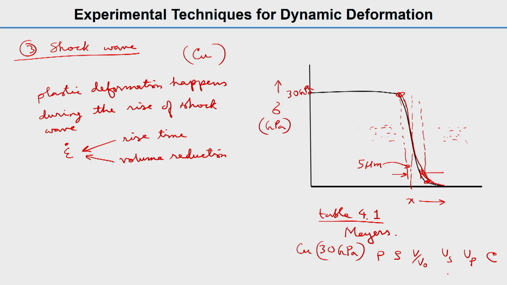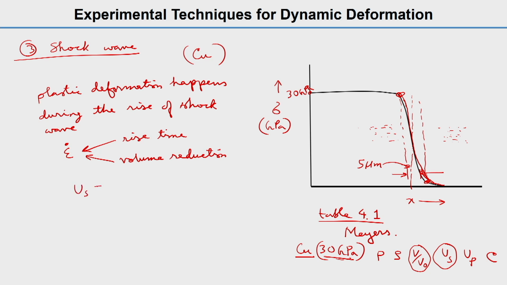So now what we need here is the shock wave velocity and V by V naught, the specific volume. So corresponding to 30 gigapascal and material copper, we will get the value.